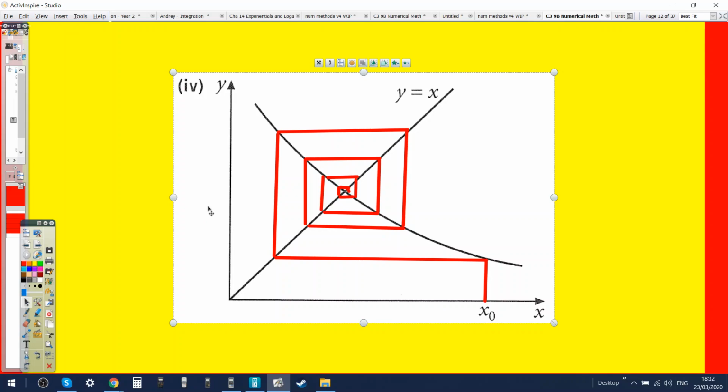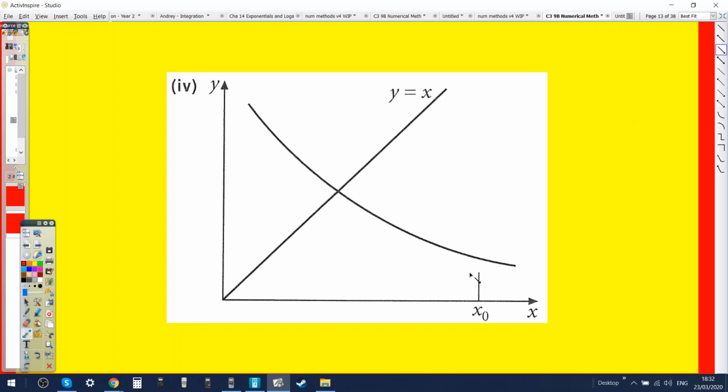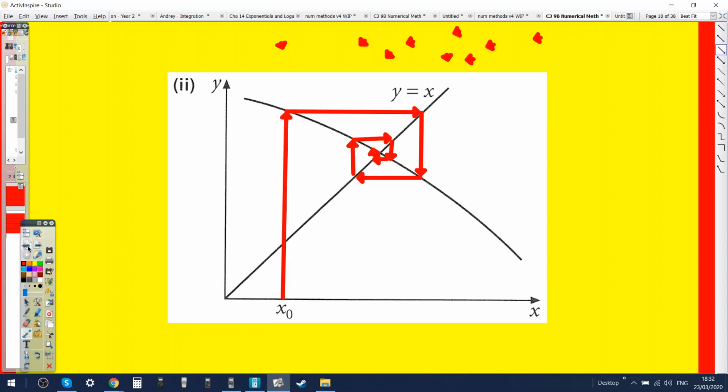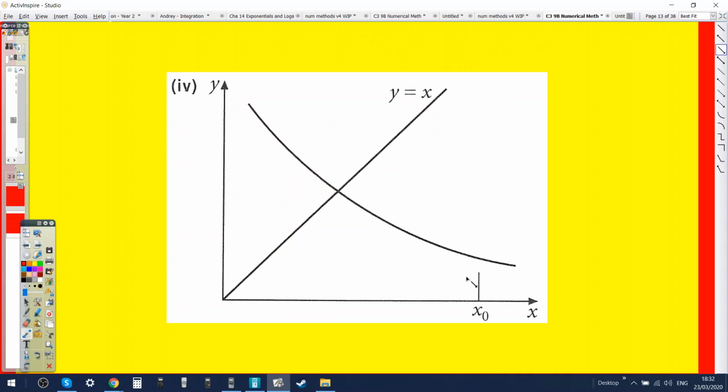So this is a different type of cobweb, I suppose. With the previous type, you passed through the line in order to hit a curve. In this type, you don't have to pass through the line first. You just hit the curve, then the curve, line. Yeah, I see, that's the only difference.